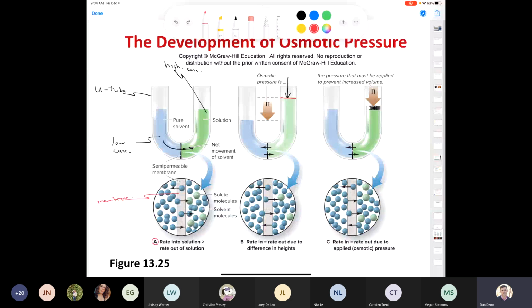This difference in height is related to the atmospheric pressure, and that is the osmotic pressure. That's one way of measuring osmotic pressure. But if we push it down so that everything's equal, so that our rate in and our rate out are equal again, we could also define that as the osmotic pressure.